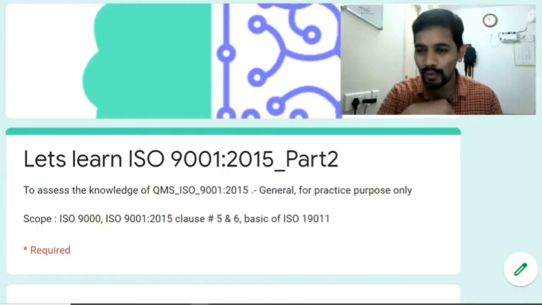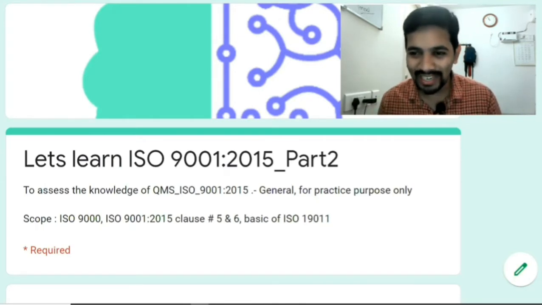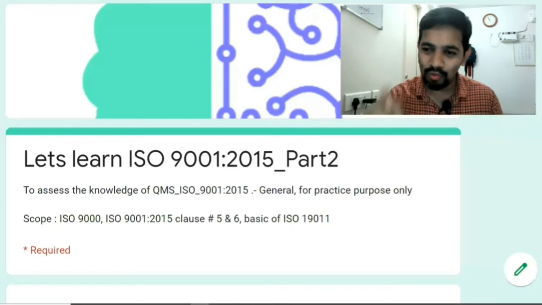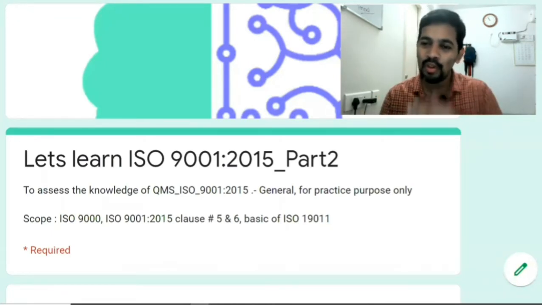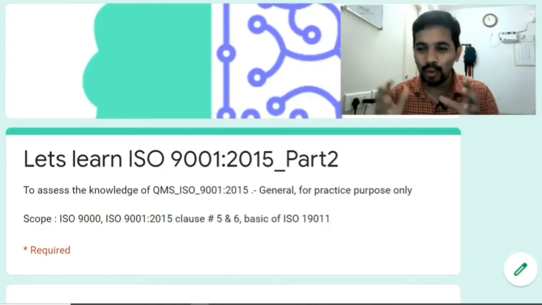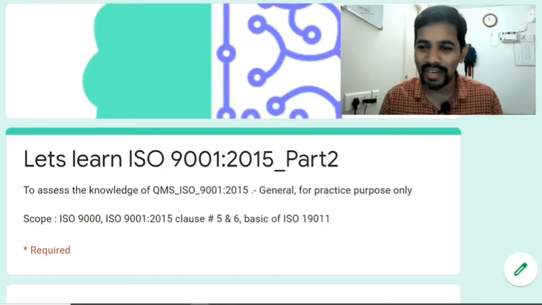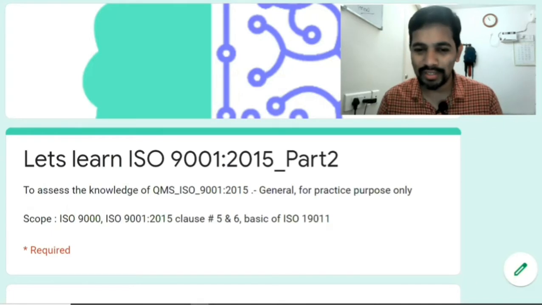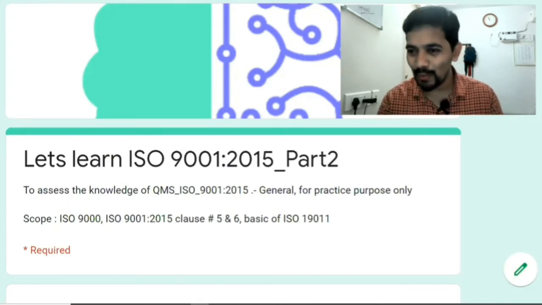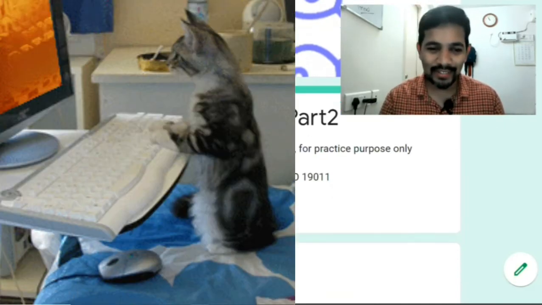For example, it is auto-graded, so the score will be automatically graded and you can view your score. If your score is beyond 80, you will get the certificate. And third, you will also see what is the right answer and what is the wrong answer. So all these three benefits you are going to enjoy. Let's have a go. I'm very excited.